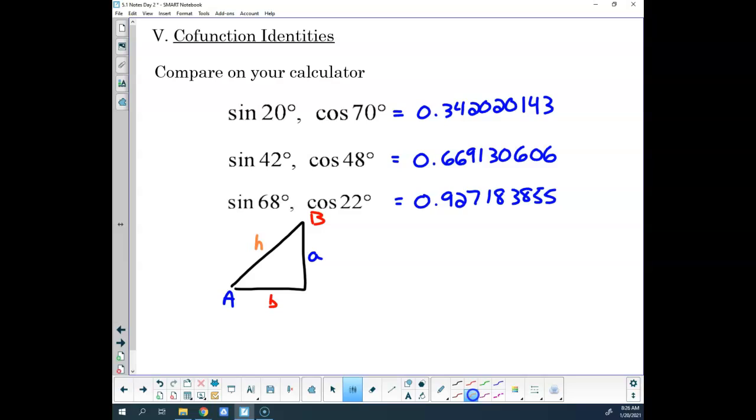The sine of angle A is the opposite side, A, over the hypotenuse, B. The cosine of angle B is the adjacent, which would be side A over the hypotenuse. There's a right triangle relationship that gets us to the cofunction.